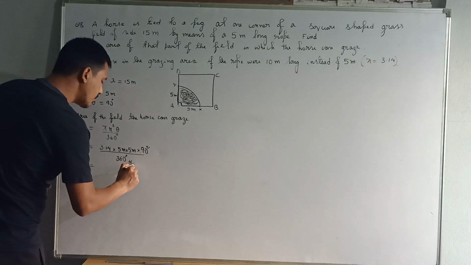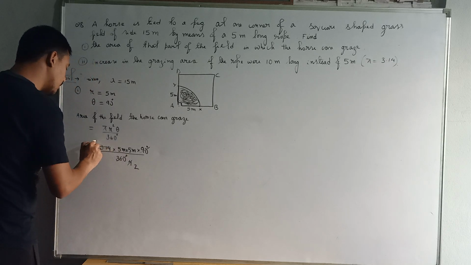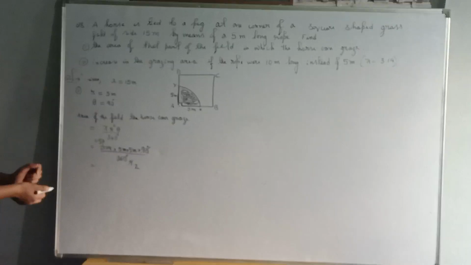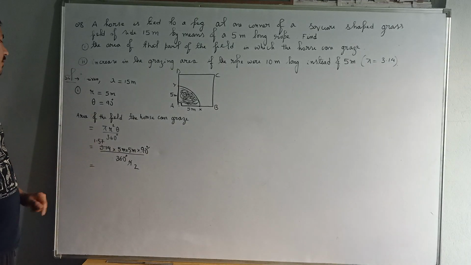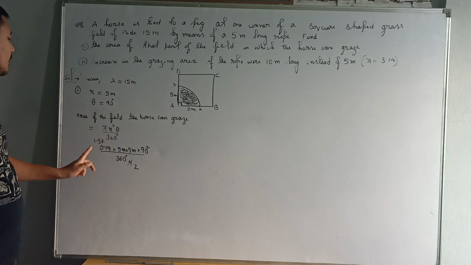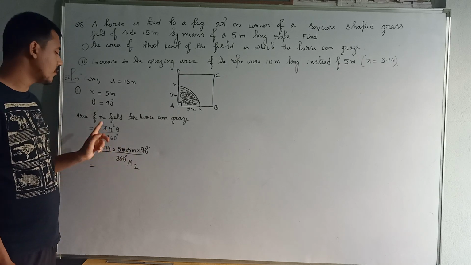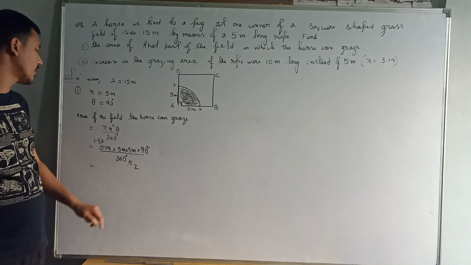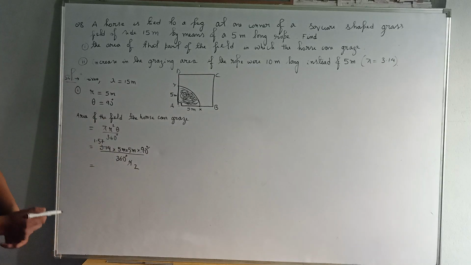We have 2 times is 4, and 1.57 times 2 is 3.14. So 1.57 times 5 5s are 25. So 1.57 into 5 into 5, divided by 4, gives you the area of the field the horse can graze.